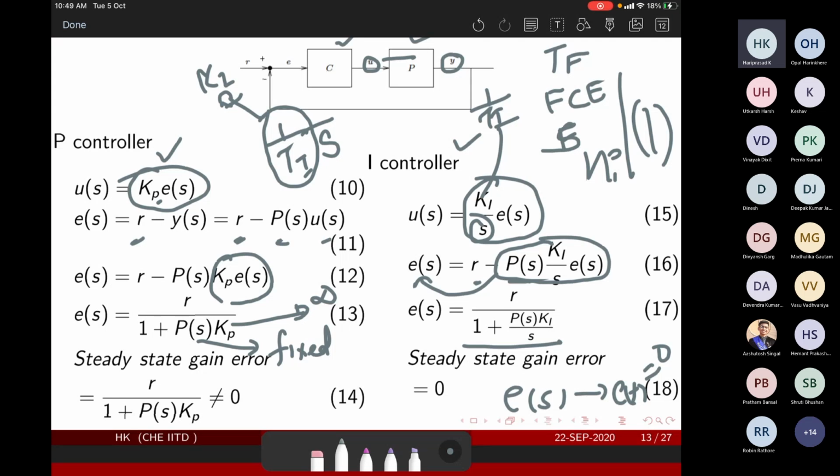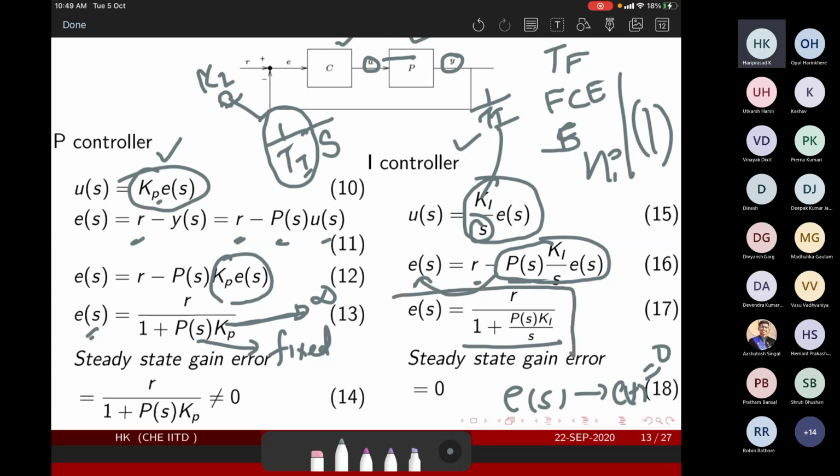The only way to make E of S go to 0 is to have Kp be infinity, which is not a realizable condition, because you cannot have a proportional controller with infinite gain.